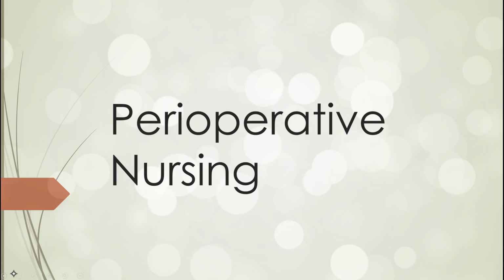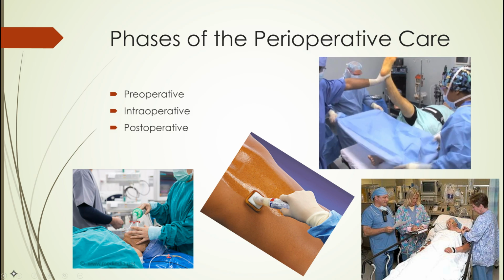So when we look at perioperative nursing, we say perioperative because it is more than just in the OR. So it's preoperative, intraoperative, and postoperative. What we want to do is make sure that when we say perioperative, we understand that it includes all three areas of care.